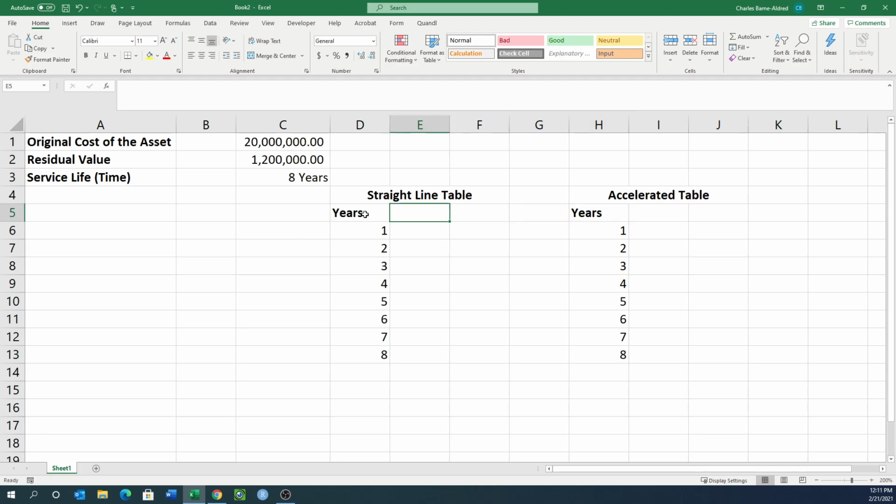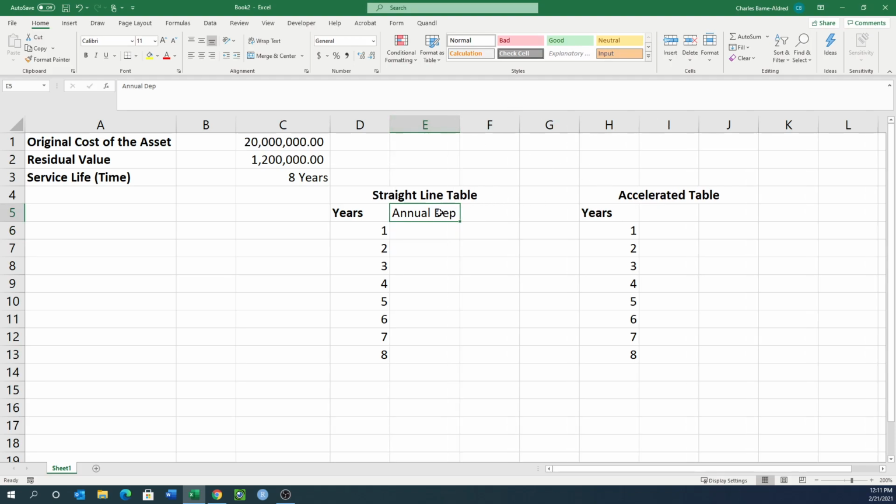And we're going to have our annual depreciation. And we're going to have our accumulated depreciation.